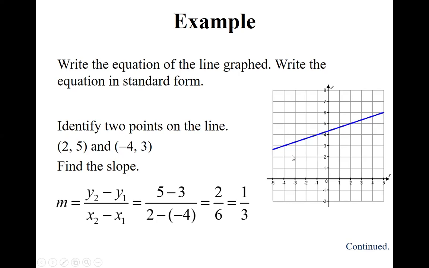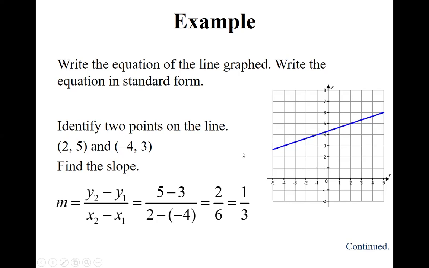We also could have just started at one point and gone up and over until we got to another one. Up 1, right 3 gets us to another point. So 1/3 must be the slope.